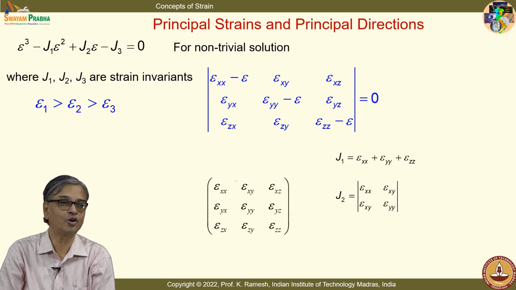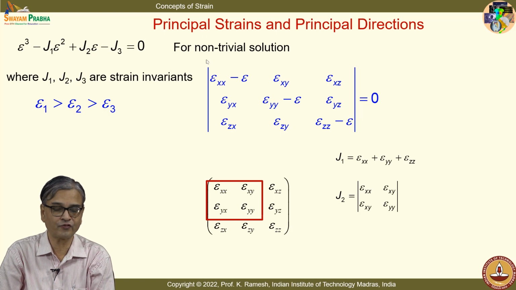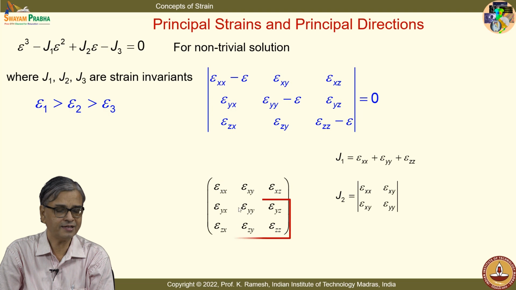And you also know how to write I2. You can similarly write J2 and J3. I have shown one element of J2, epsilon xx, epsilon xy, epsilon xy and epsilon yy. You have to get the determinant of this, and this will have 3 elements. Can you write the second element? We have taken the 2 by 2 matrix from this.